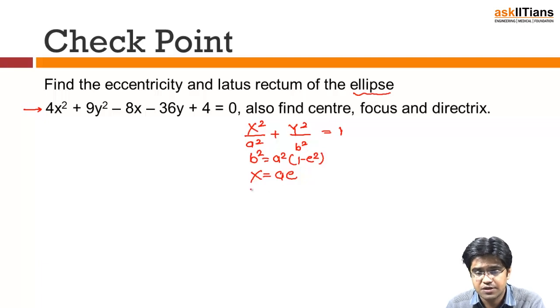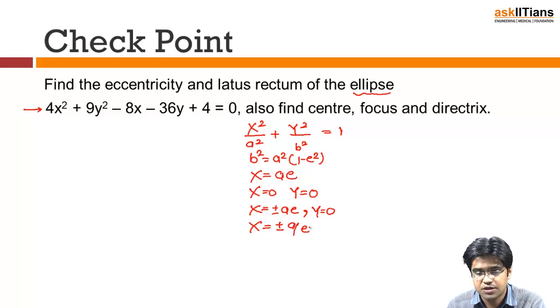Center of this ellipse is given by capital X equals 0, capital Y equals 0. Focus is given by x equals plus minus AE and y equals 0. And directrix is given by capital X equals plus minus A by E.